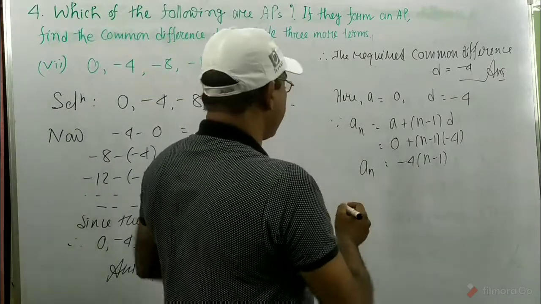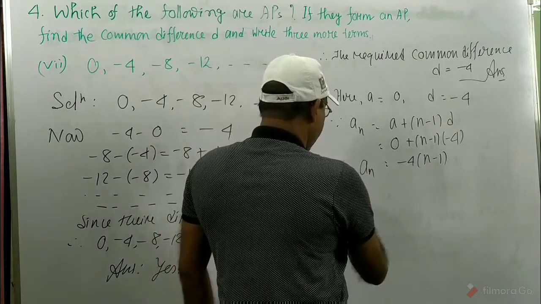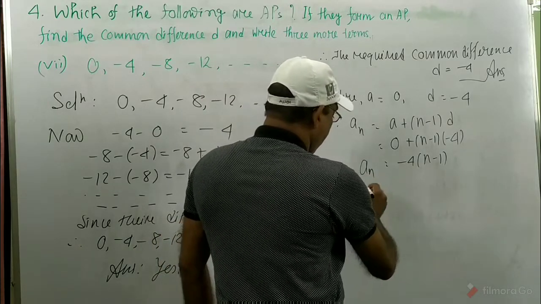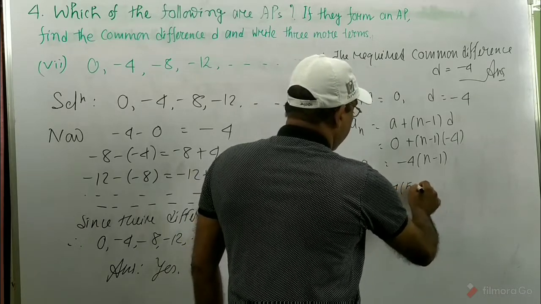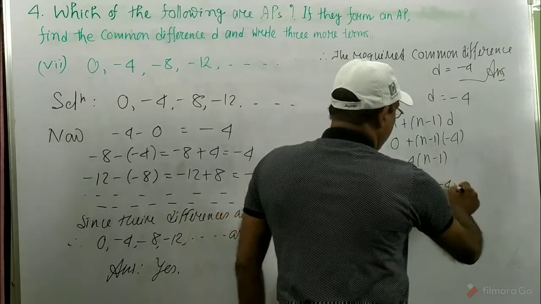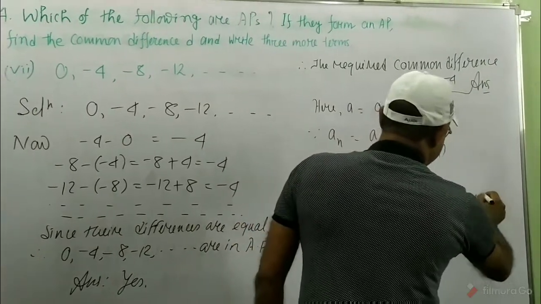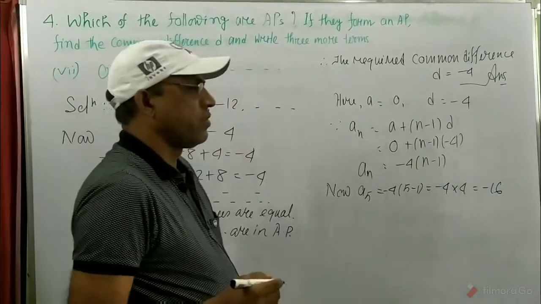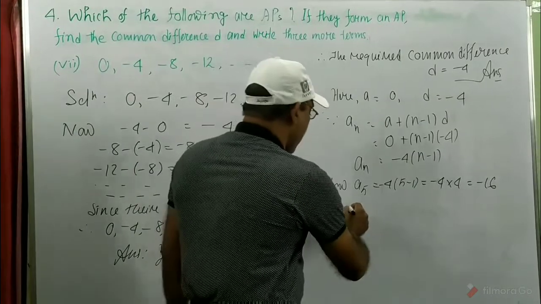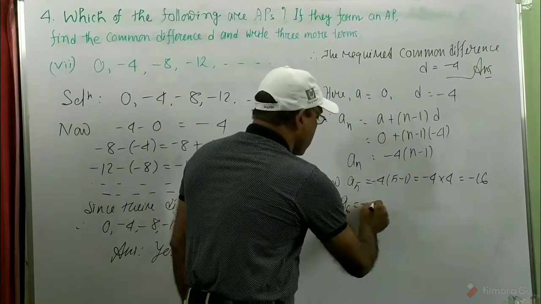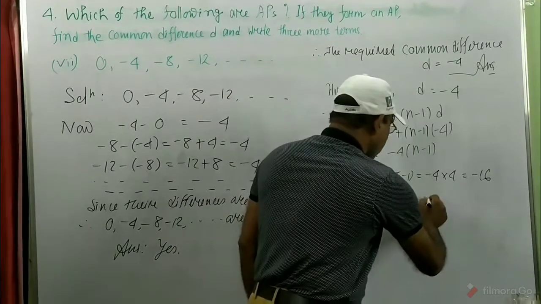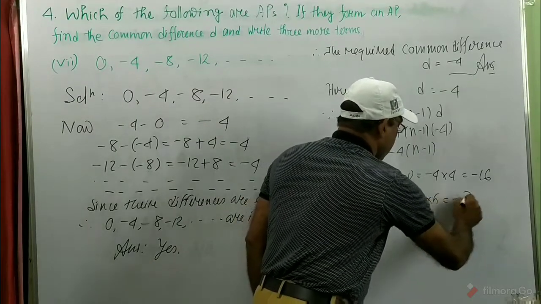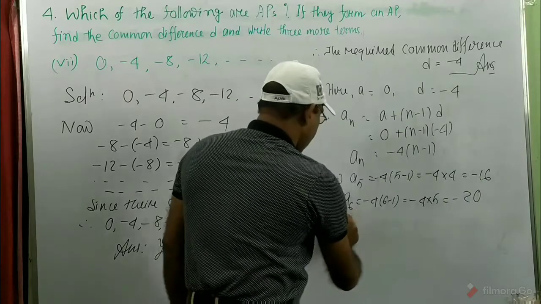What are the remaining 3 terms? So 3 terms means we find first A5. Now A5 is minus 4 into 5 minus 1, minus 4 into 4, this is minus 16. Now A6, this is minus 4 into 6 minus 1, minus 4 into 5, this is minus 20.